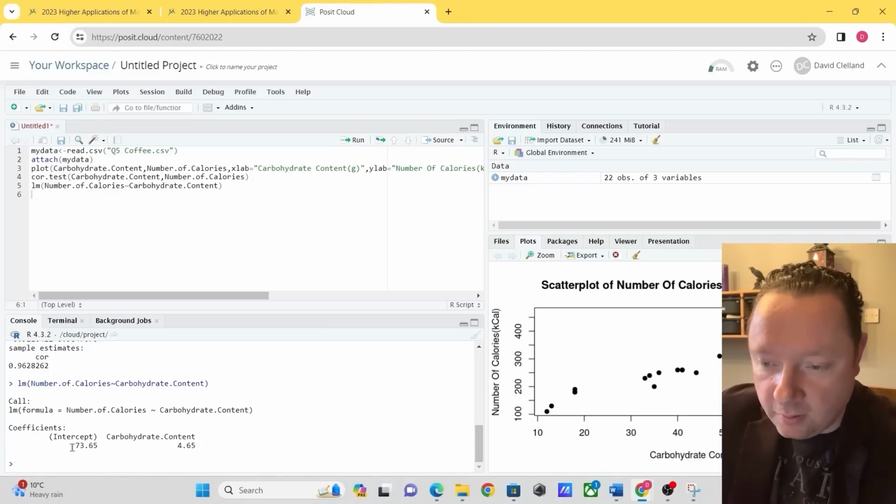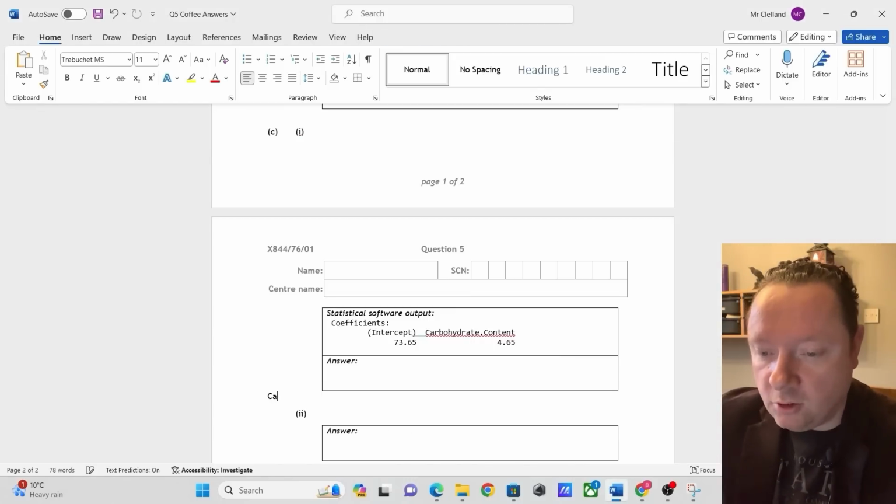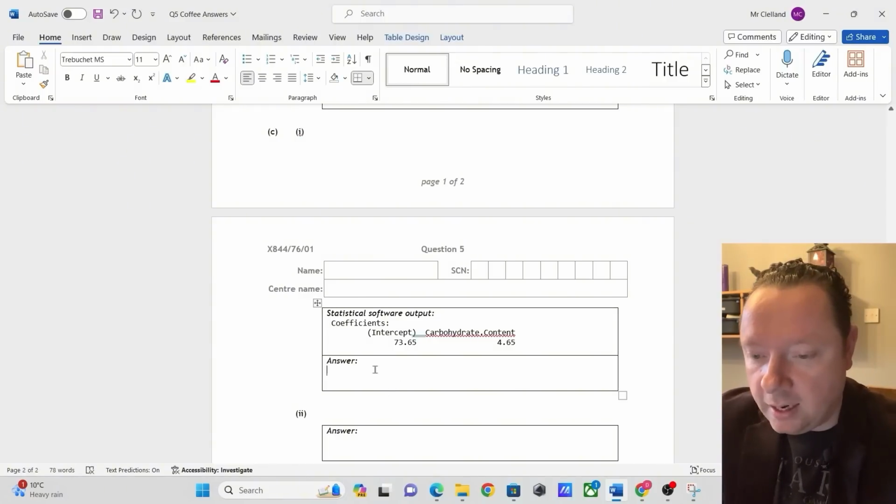This tells us that the number of calories, or just calories, equals the first number plus the second number times the carbohydrate content. So we just need to write that. So number of calories, I'll just type calories actually, you'll be fine with that. Calories equals 73.65 plus 4.65 times carbohydrate.